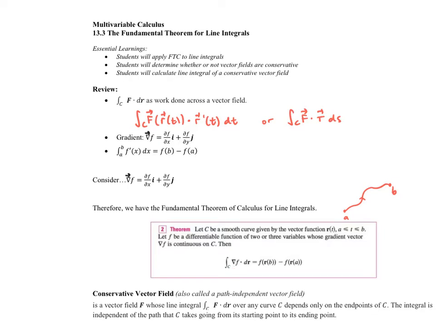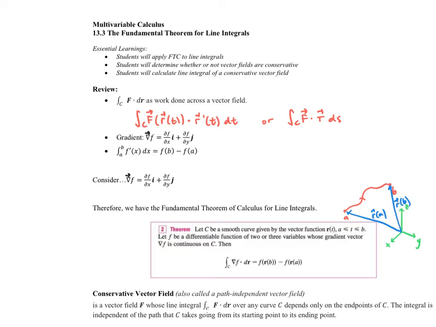then think of this as your x, y, and z axes in space. Let's say you access A through your vector equation r. So you have r of a, and then you have r of b.